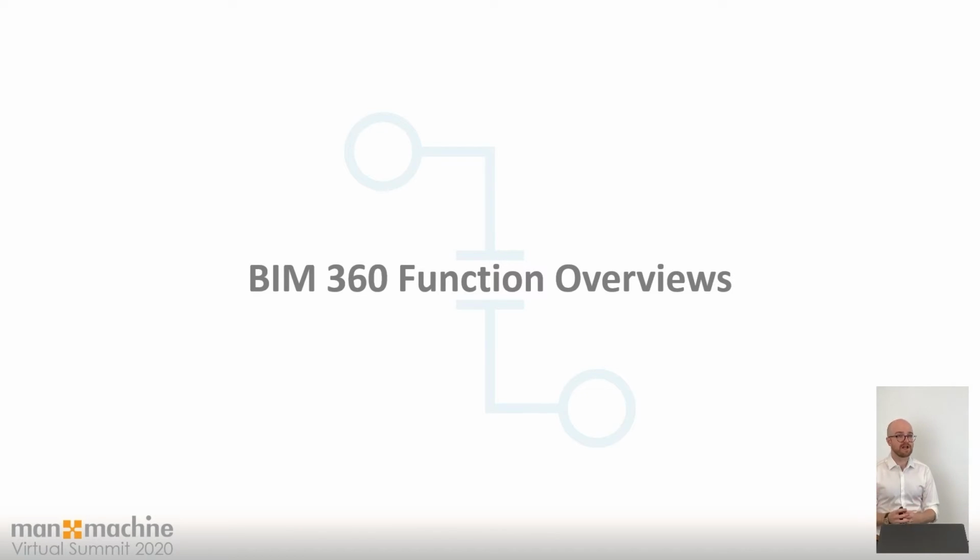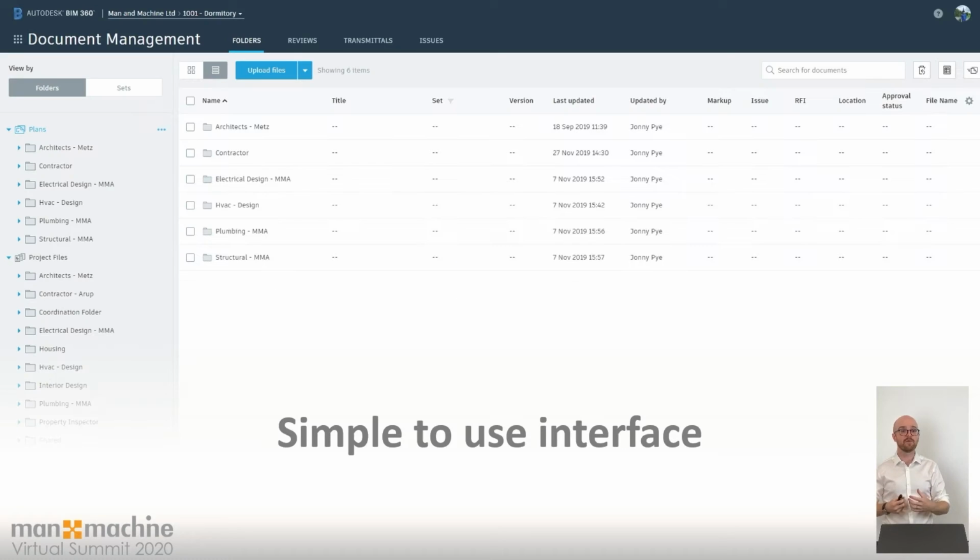In terms of the functionality, diving into some of the functions of BIM 360, these are going to be very high level. They're not going to talk about any one specific function, but they're just going to give you a high-level idea of how some of the functionality can benefit you. The first one to mention about BIM 360 is that it's a very simple interface.